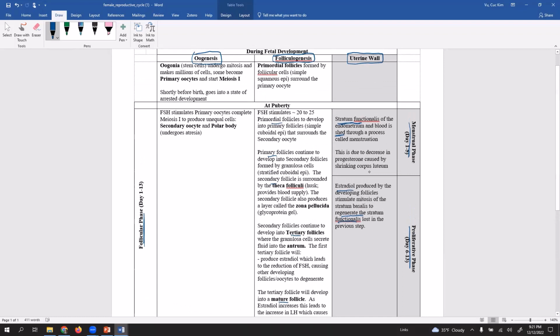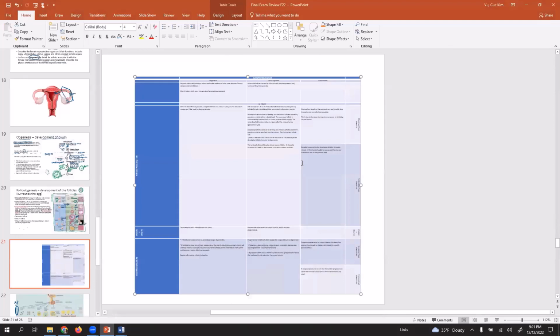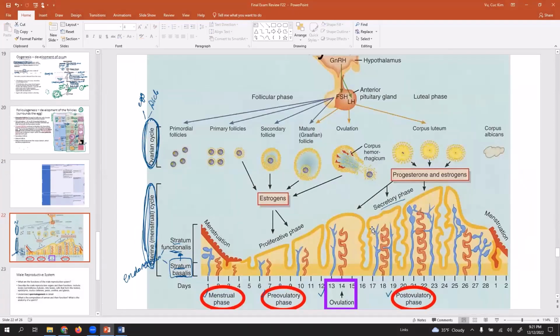Okay. All right. So make sure you use this table right here to learn what belongs to what and what is called what. Okay. Back to here. This image right here is really important because it's showing you the role of the hormones.